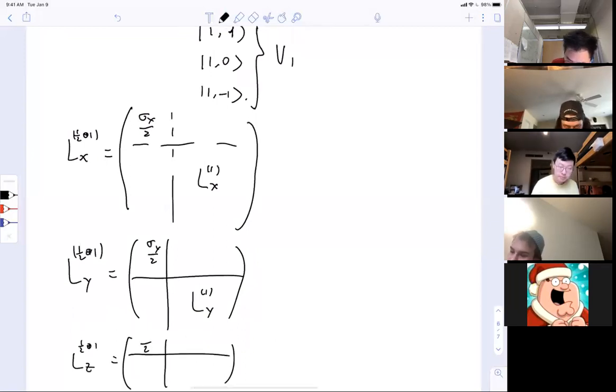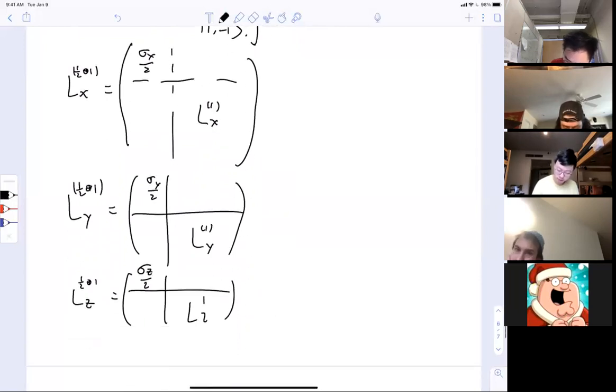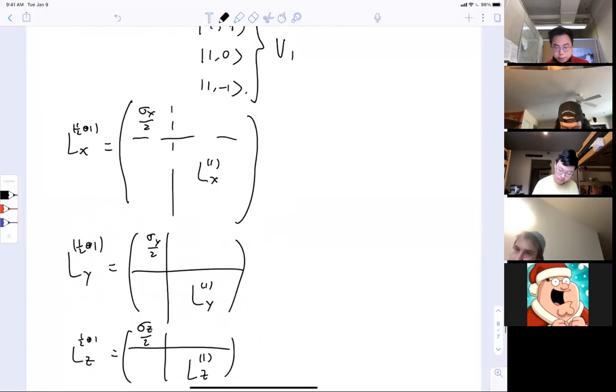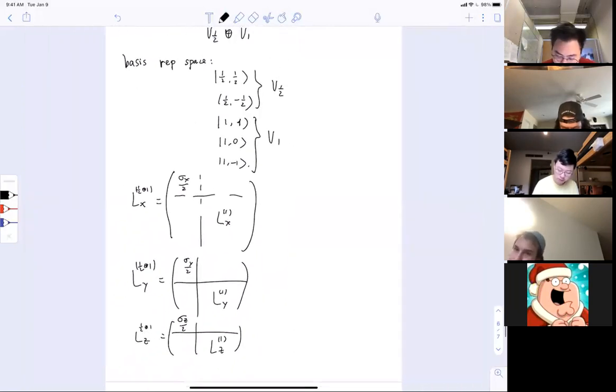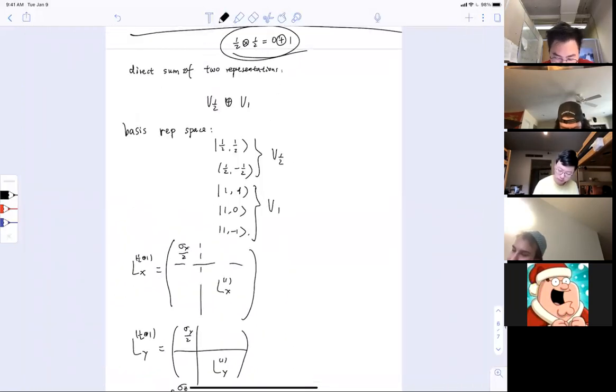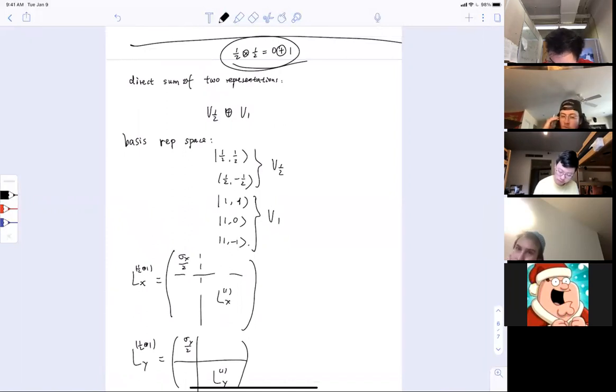Something like that. Yeah, like this. So this is what we mean by a direct sum of two representations.